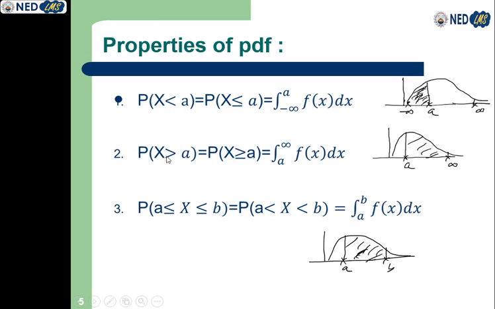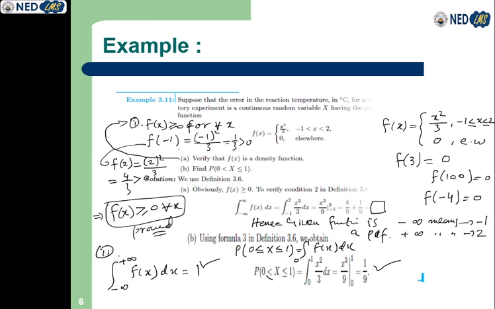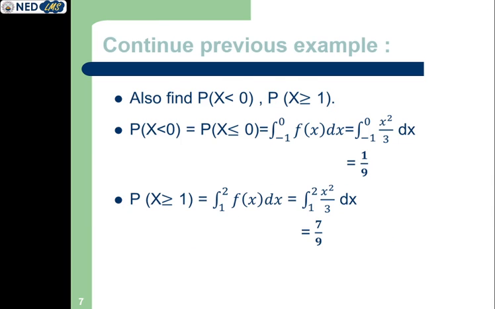If we are going to find probability x greater than a or greater than or equal to a, then a must be the lower limit of the integral, but the upper limit is infinity. Infinity stands for the upper limit of our given function, which is equal to 2. So that's why we integrate 1 to 2 of f of x, put the values of f of x, and then solve. It will become 7 upon 9.